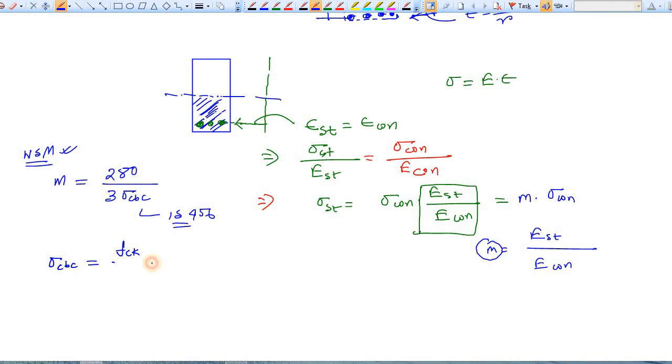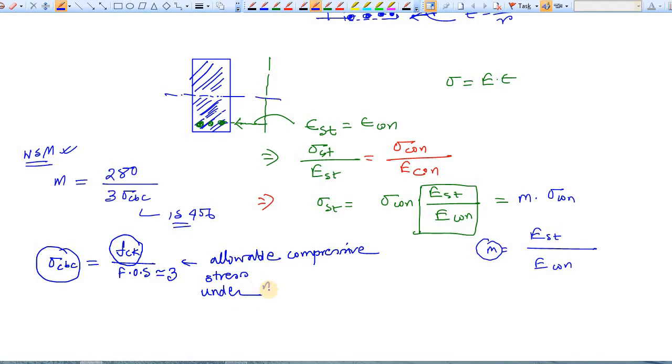This is divided by the factor of safety, and here the factor of safety is equal to 3. So sigma CBC becomes 1/3 of the cube crushing strength. That is the allowable stress in concrete when the concrete is under the action of bending. Clear? So sigma CBC is the allowable compressive stress under bending. So what is the meaning of CBC? Compressive stress caused by bending moment.